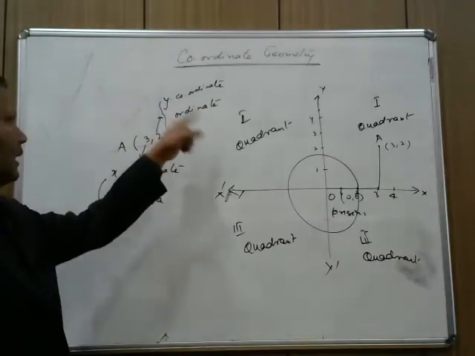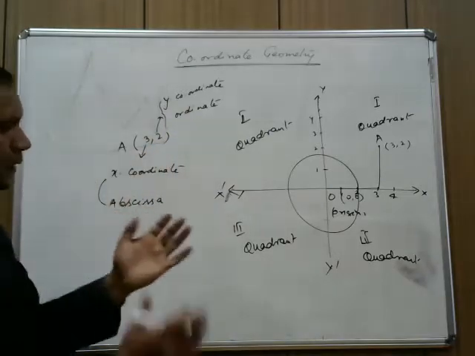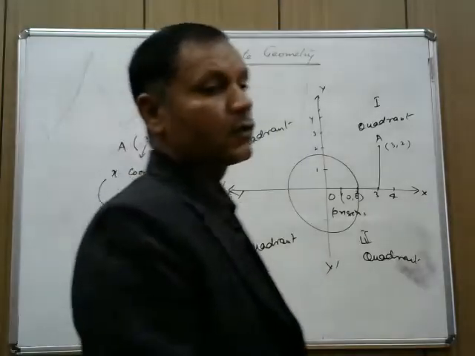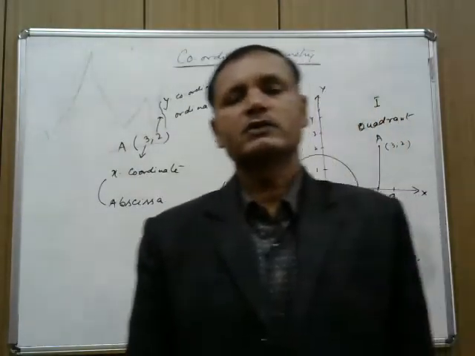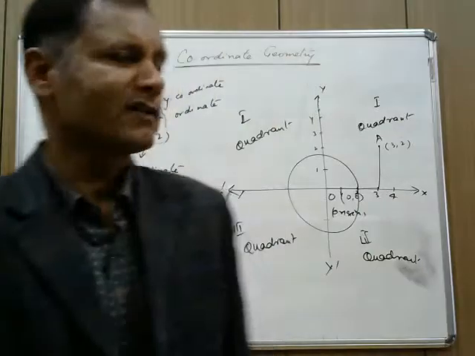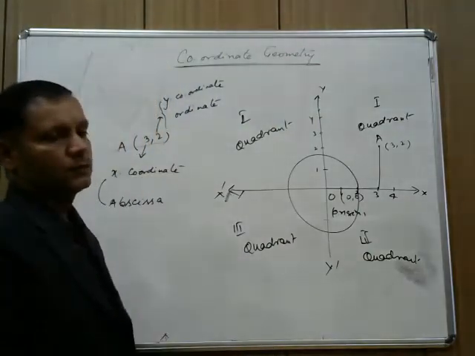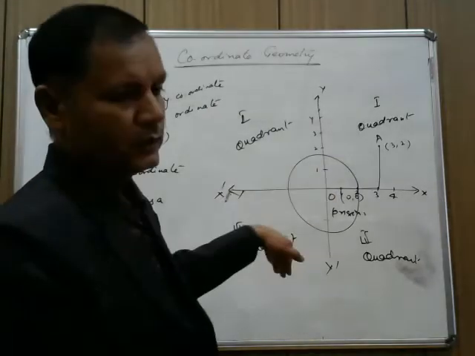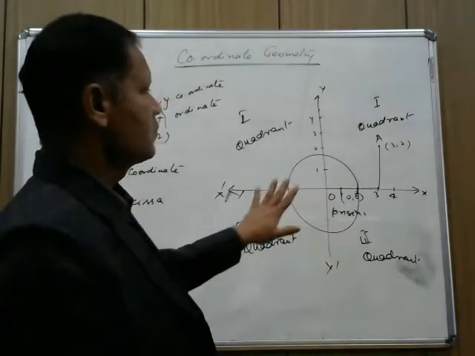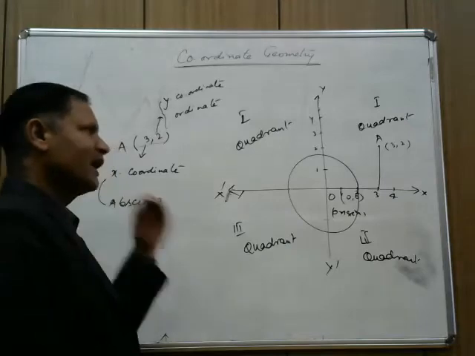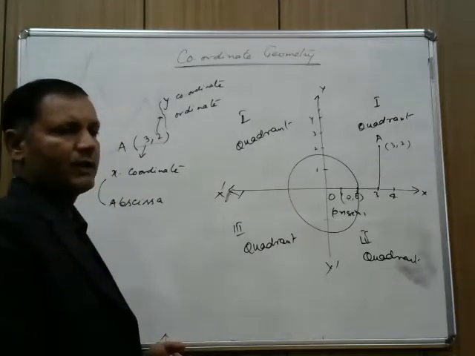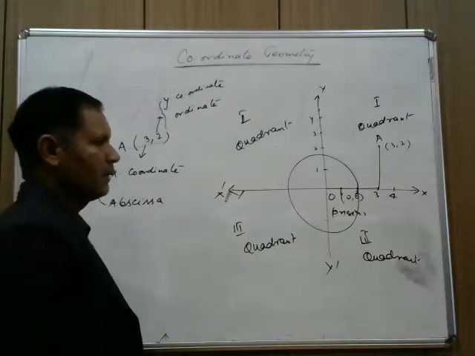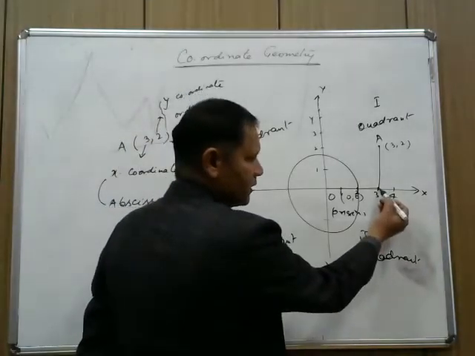Together, when we join this 3 and 2, we write the coordinate of the point. Which point? Point A. And the coordinate of the point A is 3, 2. Any point in this plane, if we have to locate it, certainly that point will have two coordinates, x coordinate and y coordinate.